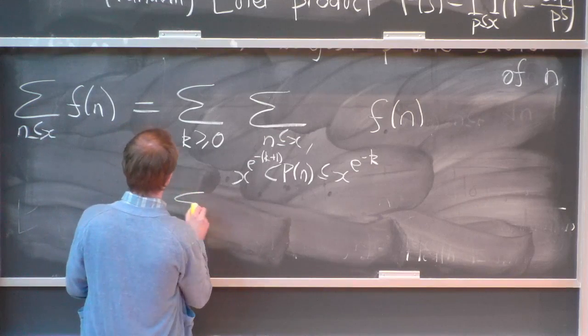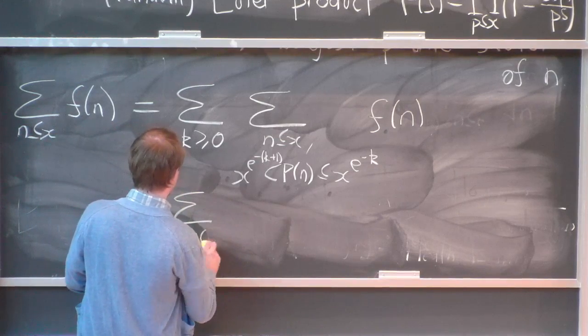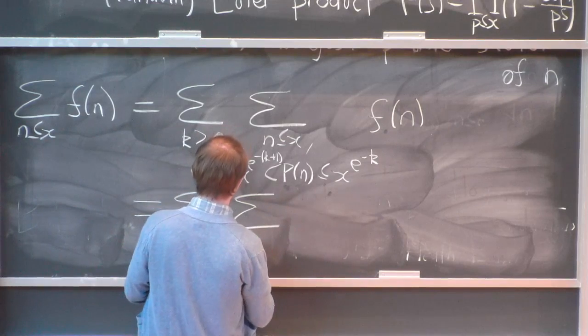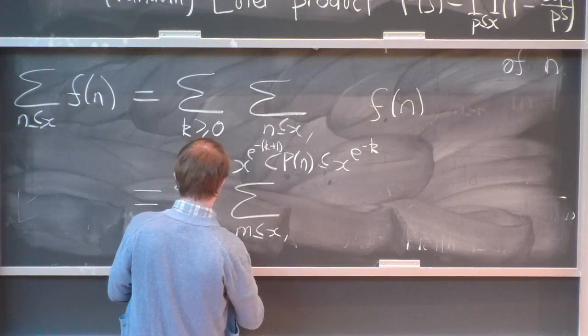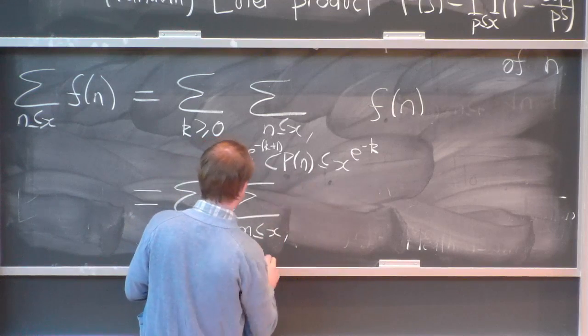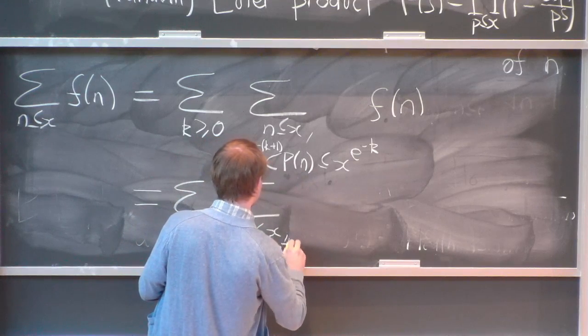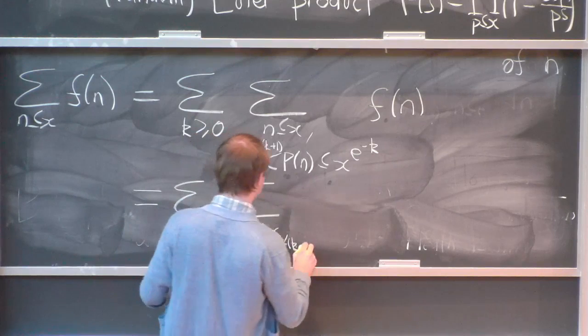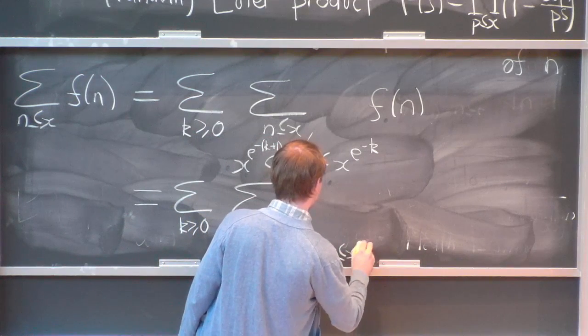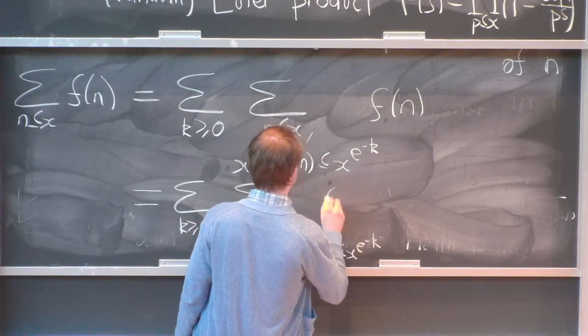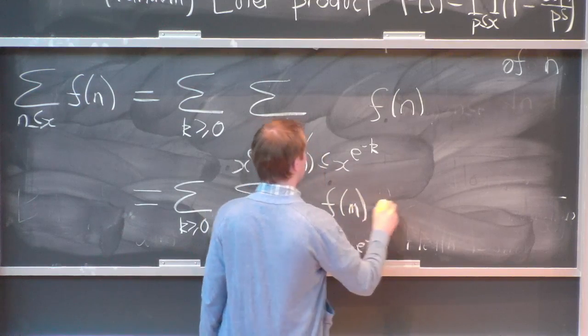Okay, so this is the same thing as the sum over k bigger than 0, the sum over m less than x, such that if p divides m, then p is on that range, m strictly bigger than 1, f of m, and then the other part.